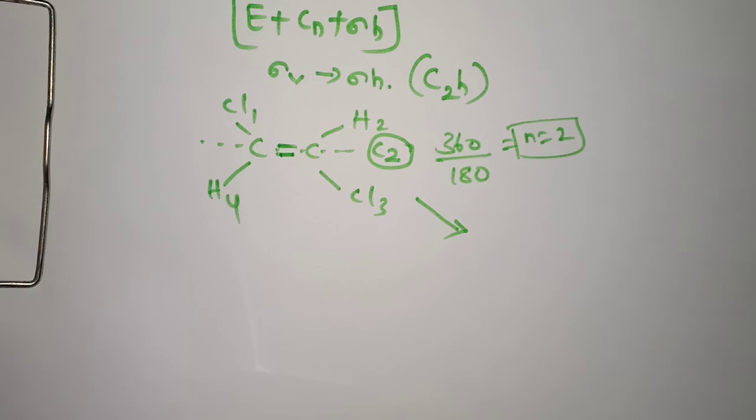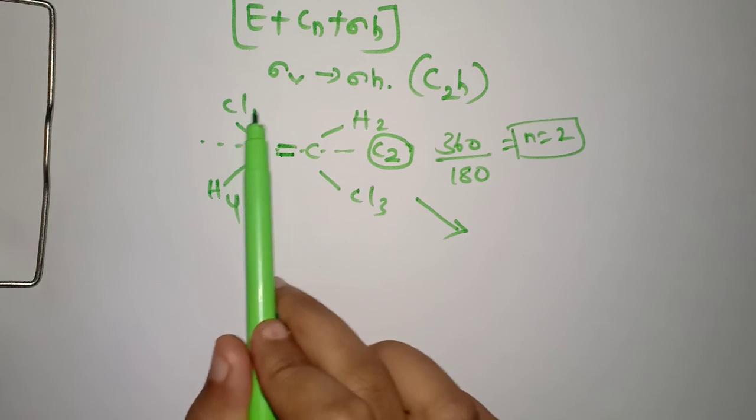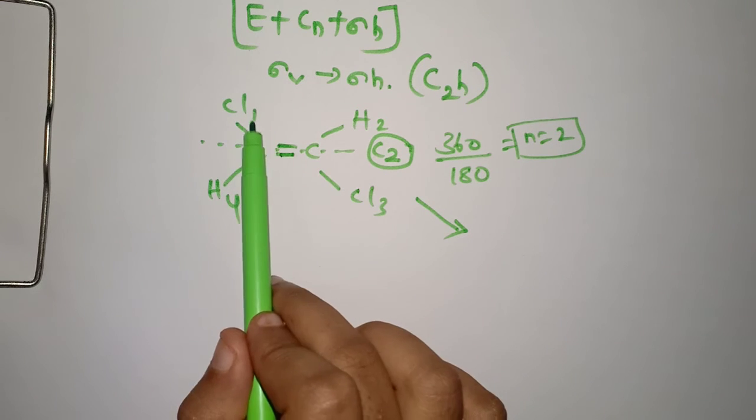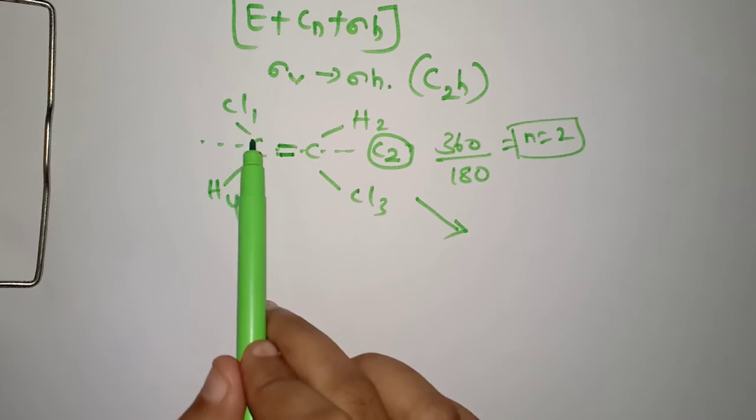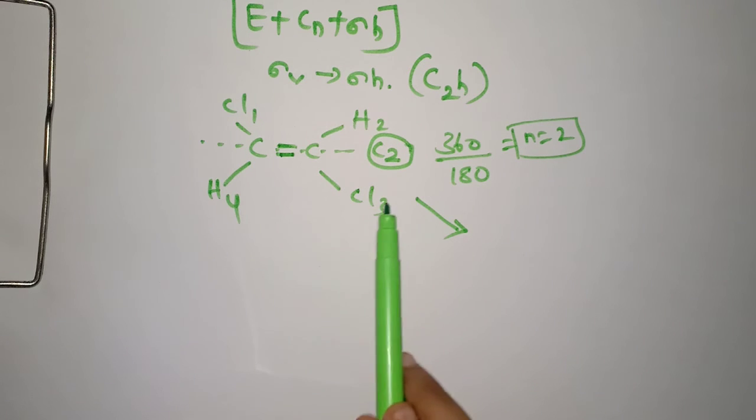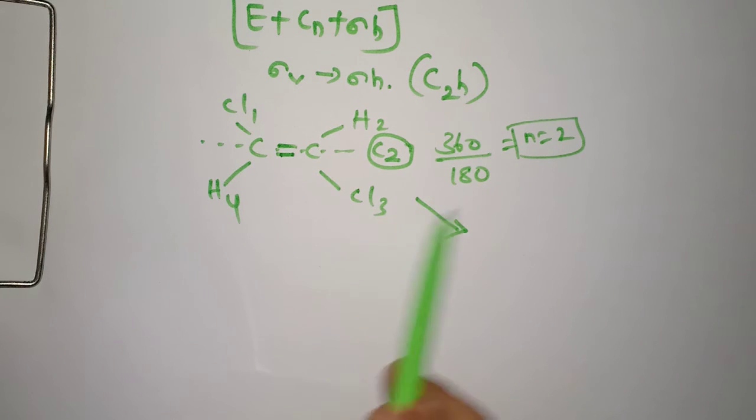In another rotation, Cl3 will go back to its position and Cl1 will go back to its position. By rotating by C2 rotations, we get the original configuration back.